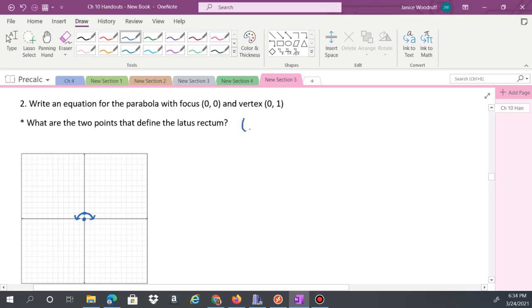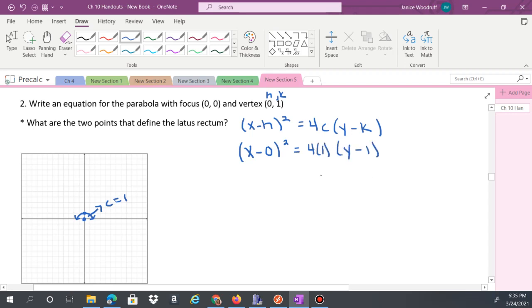So x minus h squared equals 4c times y minus k. My vertex, here's h, k. I need c. How far is the vertex from the focus? 1. Good. Yep. c is 1. So let's plug that in. So x minus 0 squared equals 4 times 1, y minus 1. So we'll simplify that.